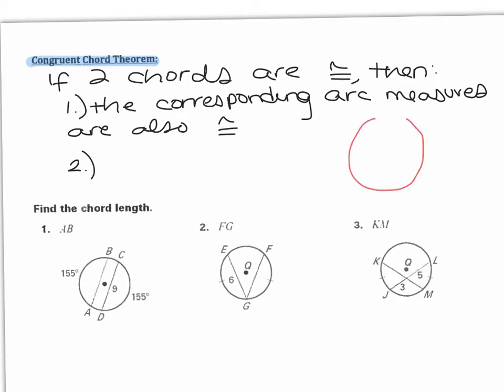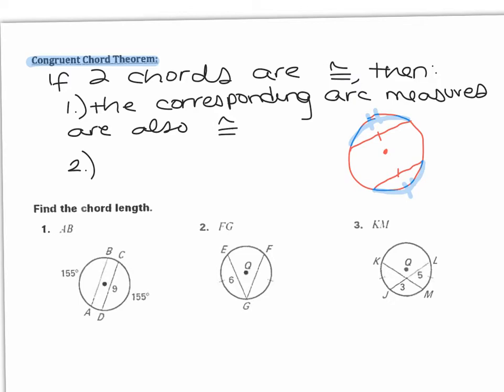So if I draw the circle, and here's my center, and I draw any two chords that I want. Here are my chords. If those chords are congruent, then its corresponding arcs, which is this arc and this arc, they're congruent as well. So that's what number one tells me.